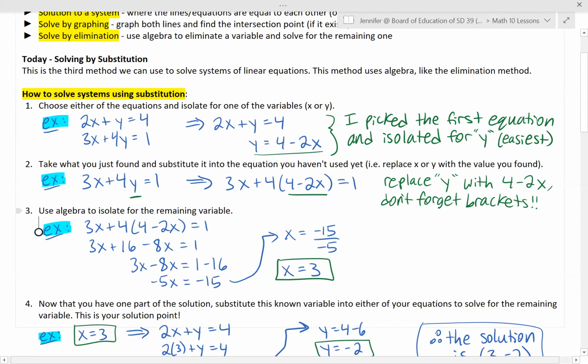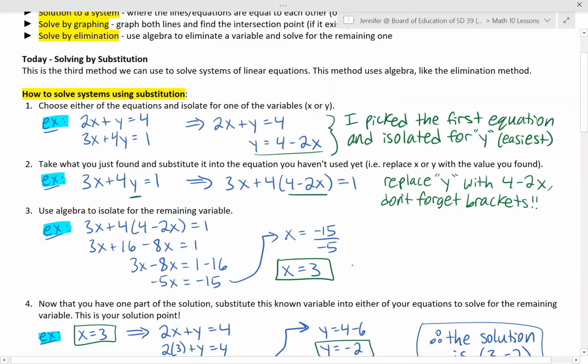We have the 3x and the negative 8x, which gives us negative 5x. Then we also combine our constants by bringing the 16 to the other side. 1 minus 16 would be negative 15. So in our final step, we get that x is equal to 3. Remember, when we're solving using algebra, you have to collect your like terms, and whenever something is moving to the other side of the equation, the sign changes.